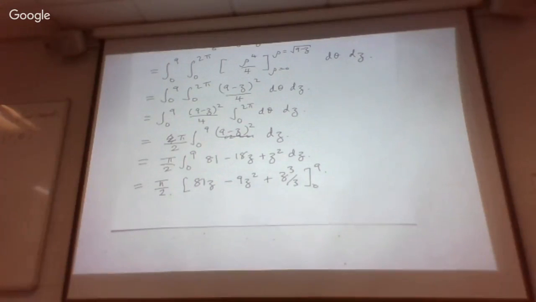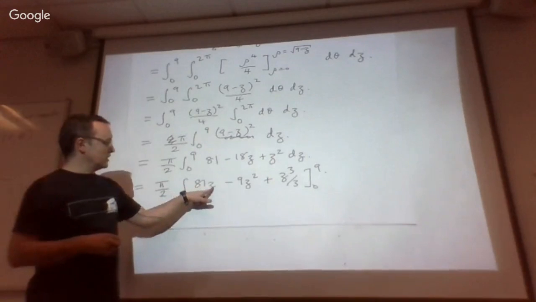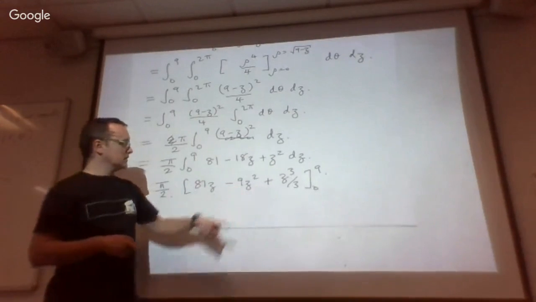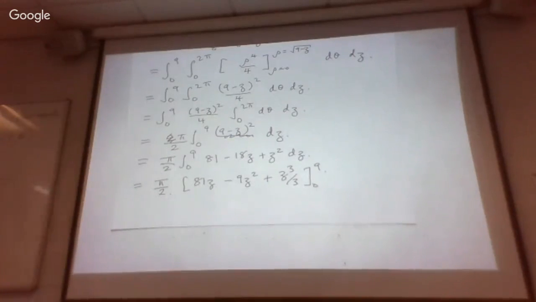So the integrals are all done. Just have to finally substitute 9 in there. These cancel. It's 9 by 9 by 9, then you have 9 by 9 by 9. So they cancel. So it's just 9 cubed over 3, which is 81 by 3.